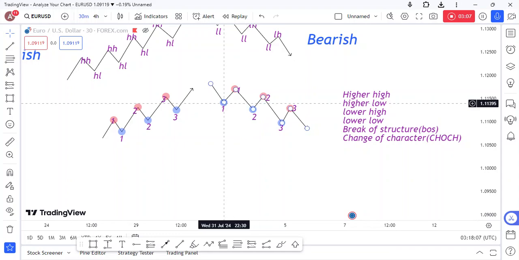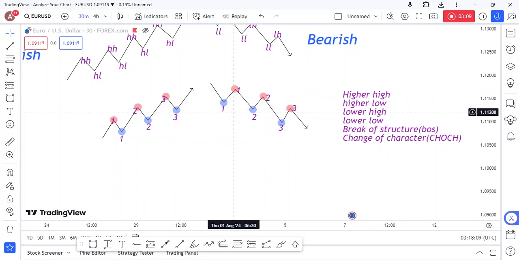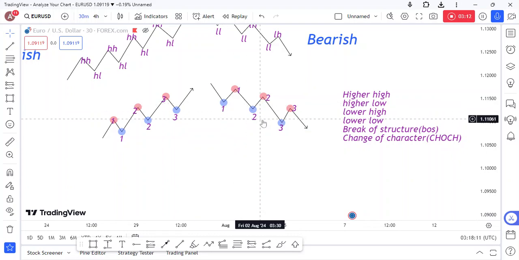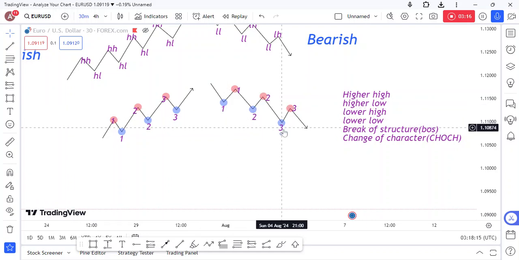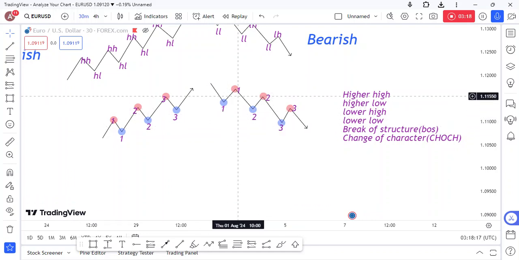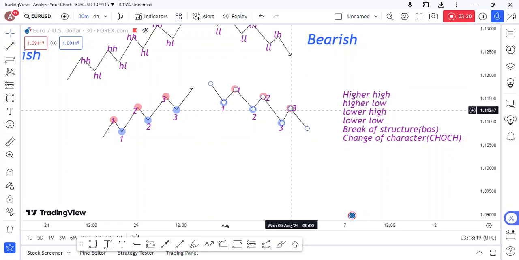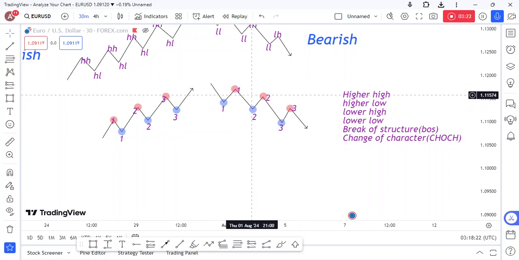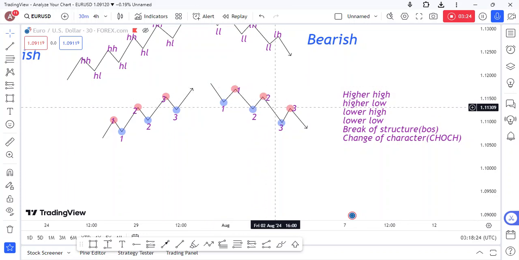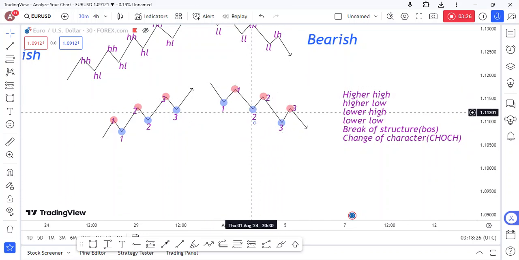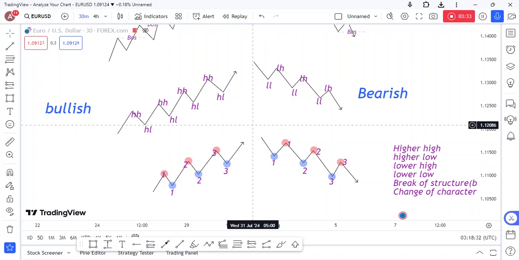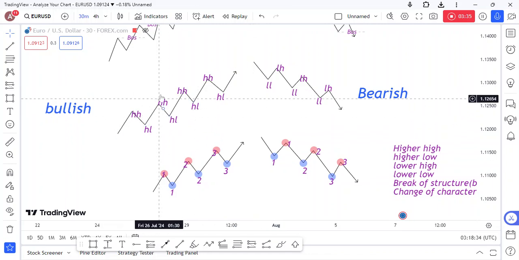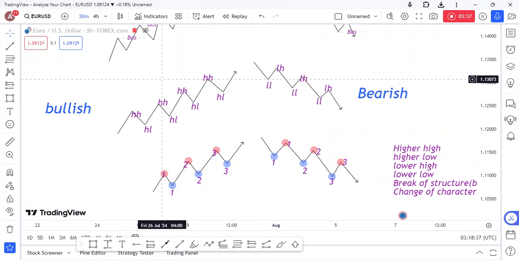And then when you take the low, you realize that two is lower than one, and three is also lower than two. So even though they are all lows, they are decreasing lows. Sorry, these are highs. So even though they are all highs, they are decreasing ones. And even though these are all lows, they are decreasing ones. Okay.